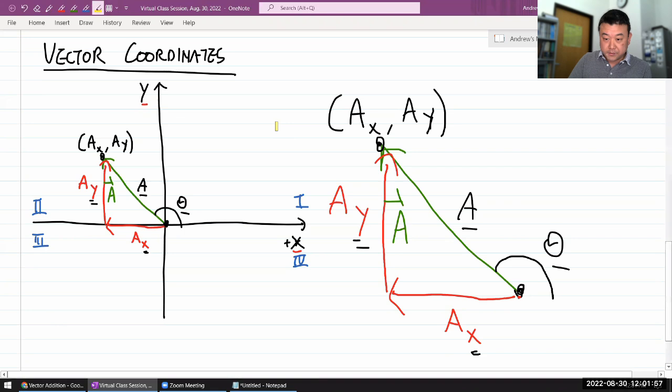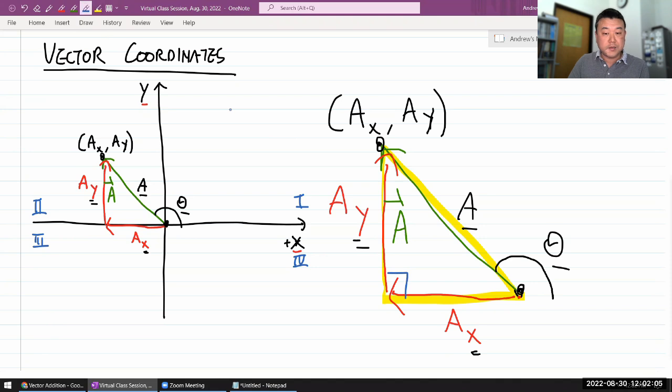By right triangle, I mean this triangle. It has a right angle here, and there are some inner angles that you have to figure out. So I have this phi, which is I guess 180 degrees minus theta.